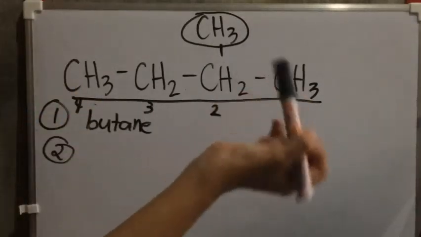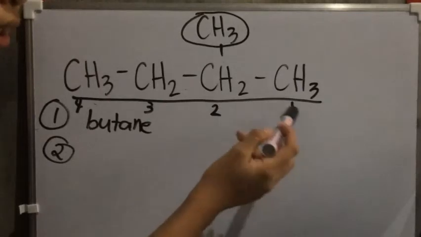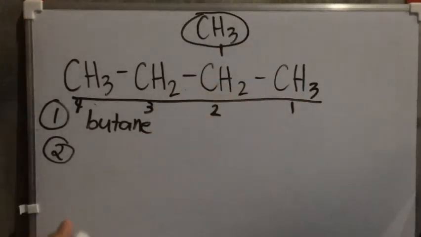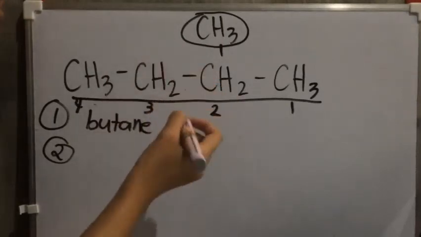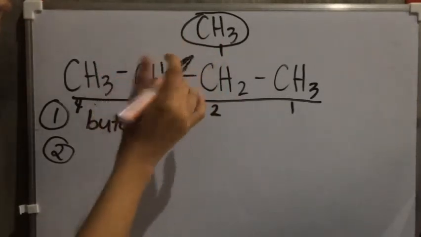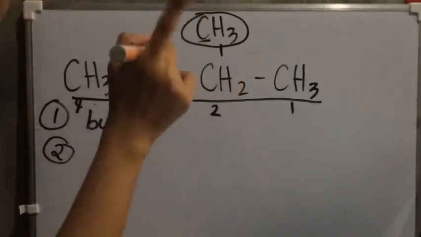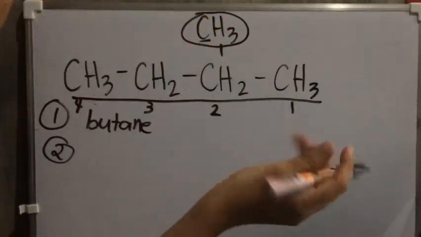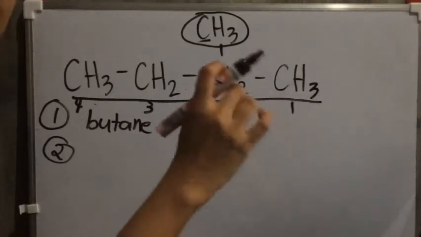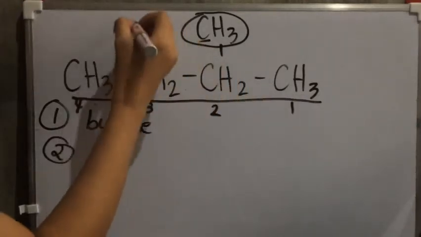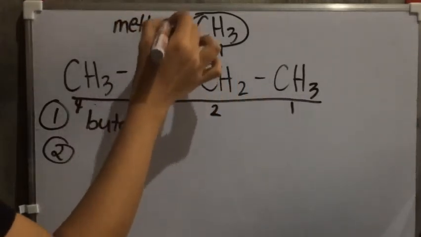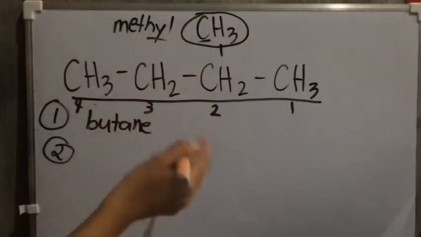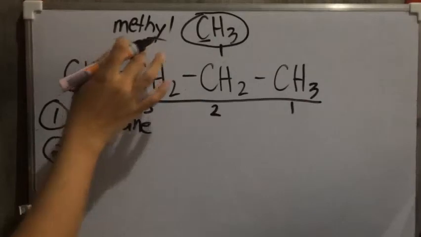So, we should number the carbon simula dun sa closest, ito yung closest natin na alkyl group. Ano yung ating alkyl group na naka-attach? So, since meron lang tayong 1 carbon, that is, di ba, methane, kanina na-discuss ko, methane will become methyl, kasi nga siya ay alkyl group. Mata-change yung A and E to YL. So, yung ating naka-attach ay methyl.